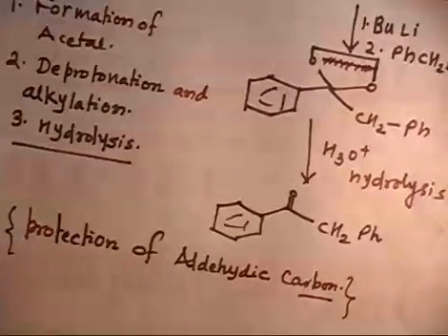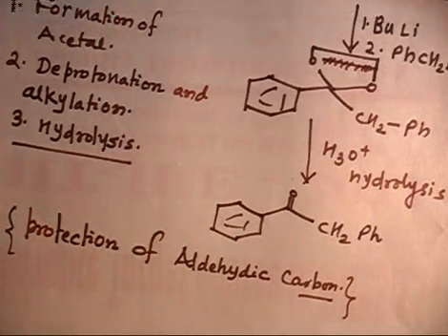So I cannot use PhMgBr initially. In that case it will attack and I will get alcohol, and if I try to oxidize the alcohol, I will get basically acid, because anything attached on the Ph group gets into acid. Are you getting or not? So I have taken H plus using butyl lithium. This is a special kind of reaction.